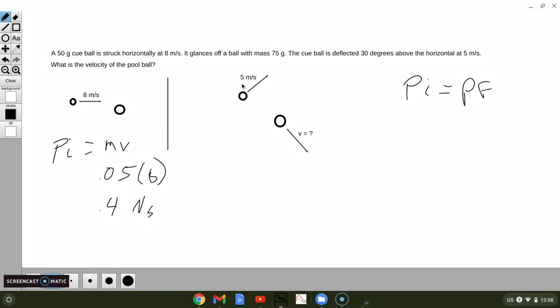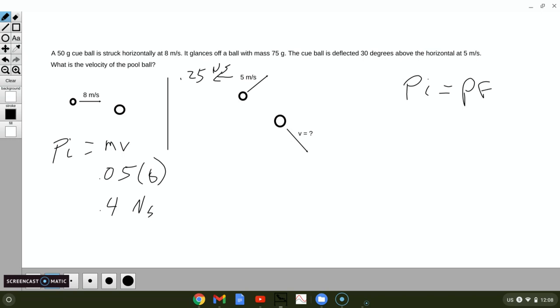Well, the mass is 0.05 times 5, and when you take 0.05 times 5, you get 0.25. So the momentum of the ball at the angle is 0.25, and that's Newton seconds.